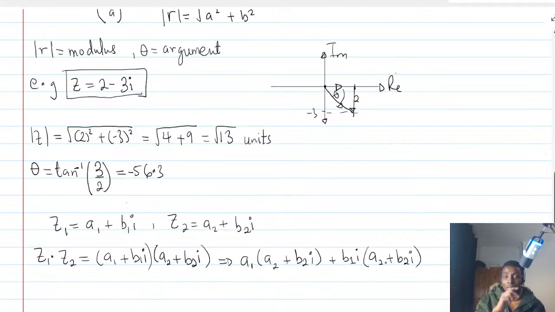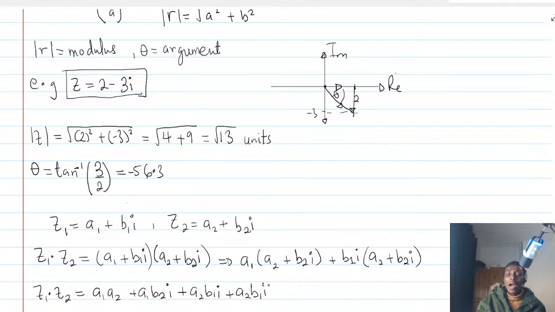If I multiply z1 by z2, I'll get a1a2 plus a1b2i. Then I'll multiply b1i by a2, and I'll get a2b1i, and b1i times b2i gives b1b2 i squared.